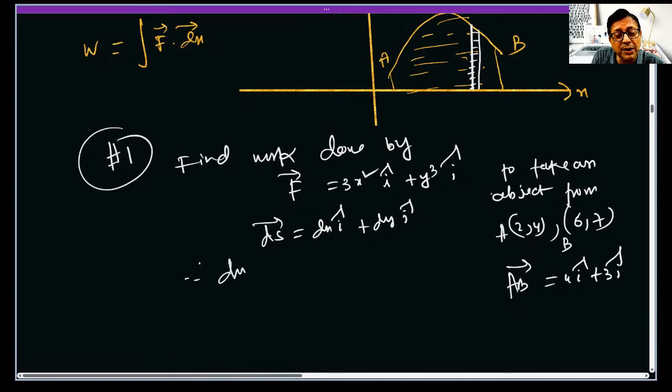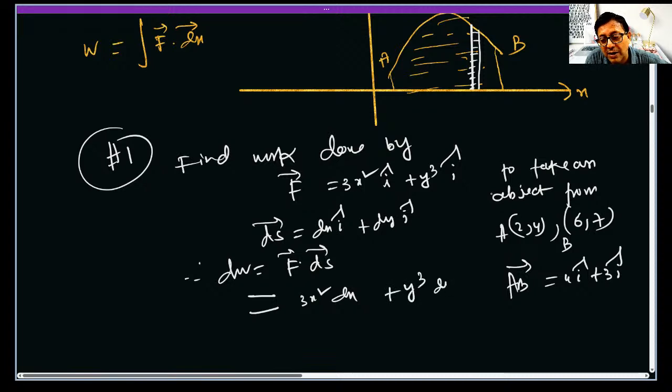Therefore dW will be what? F dot ds. Now it is 3x square dx plus y cube dy. You all understand, because function of x will go with dx, function of y with dy.